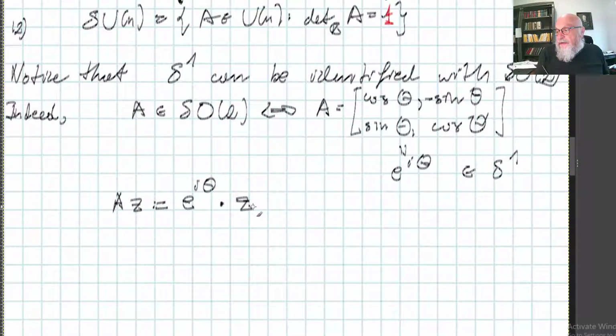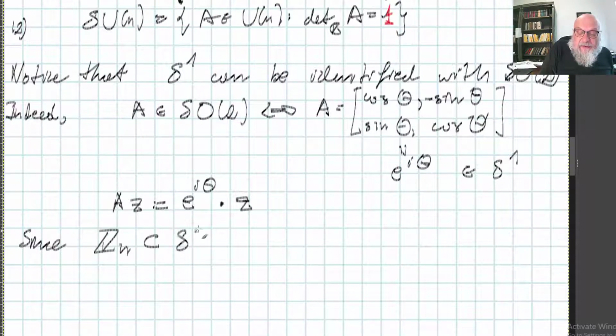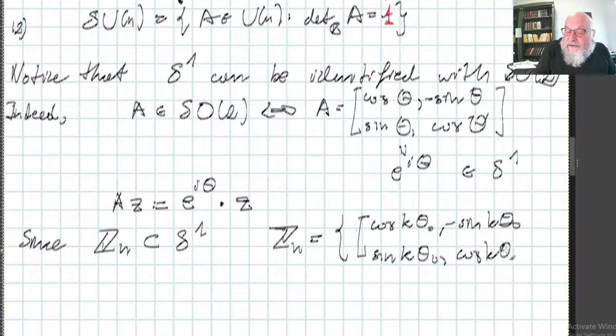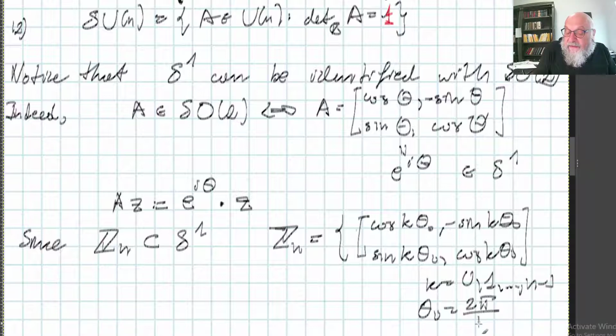Since Zn is a subset of S1, we can also represent the elements of Zn as matrices: cosine k theta 0, minus sine k theta 0, sine k theta 0, cosine k theta 0, where k is equal to 0, 1 to n minus 1, and theta 0 is 2 pi divided by n.